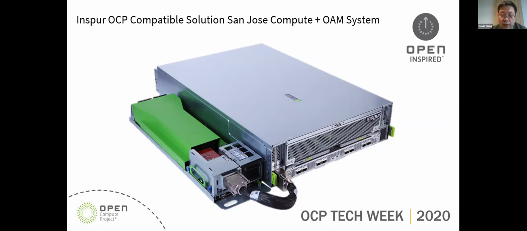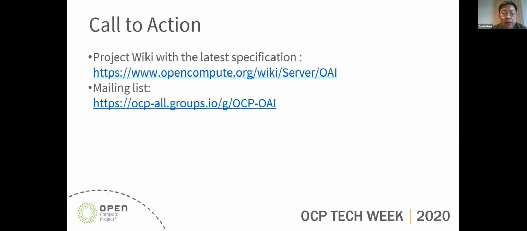This system is ready, and we are also willing to join some customers to do some POC testing. Some of our latest system specs you can find on the OCP organization website.